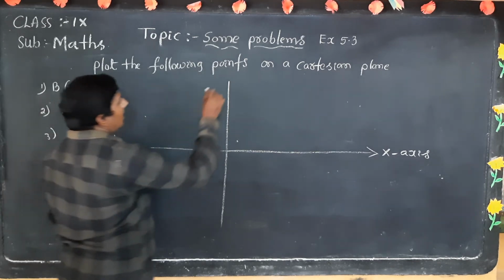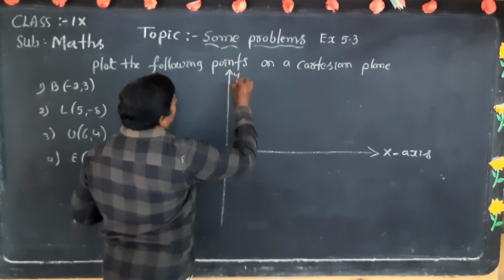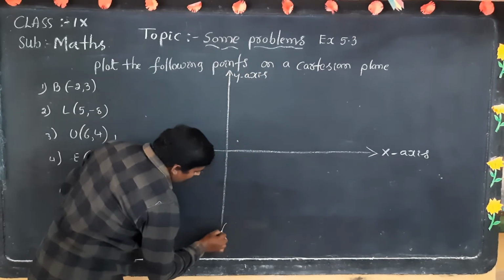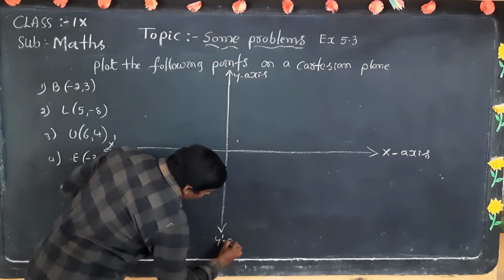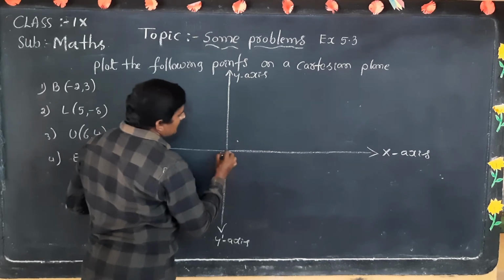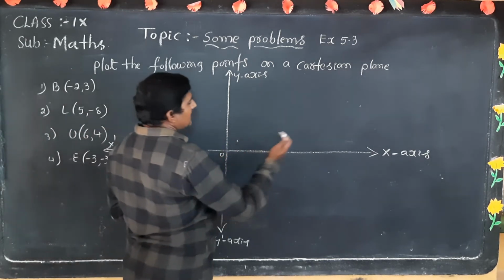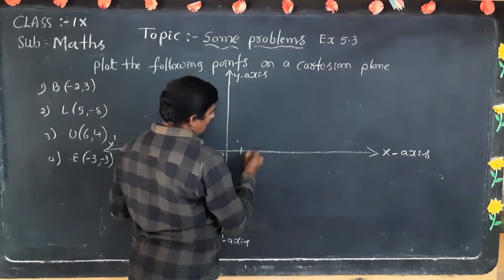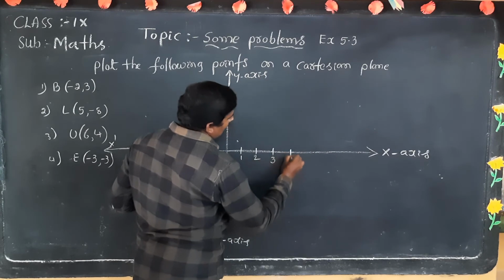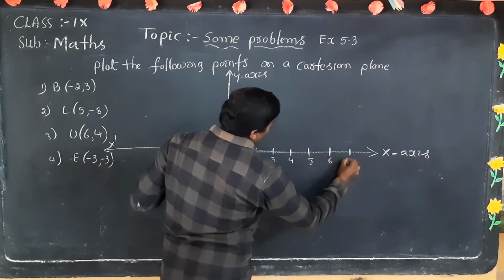The upper side is the y-axis, and the downside is the y-dash axis. The intersecting point is called O, the origin. Right side values are positive: 1, 2, 3, 4, 5, 6, 7.